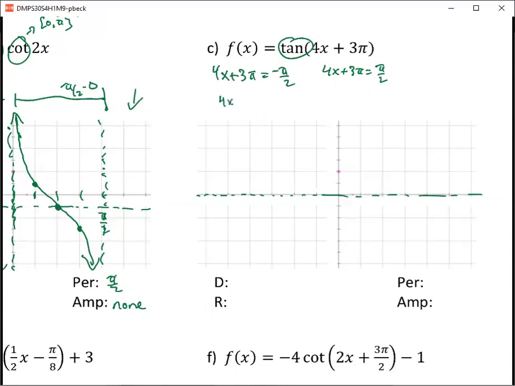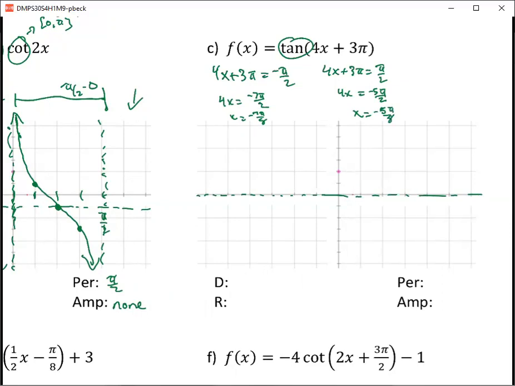So 4x equals negative pi over 2 minus 3 pi, which is negative 7 pi over 2. And then x would be negative 7 pi over 8. 4x will equal pi over 2 minus 3 pi, which is negative 5 pi over 2. So x would equal negative 5 pi over 8.